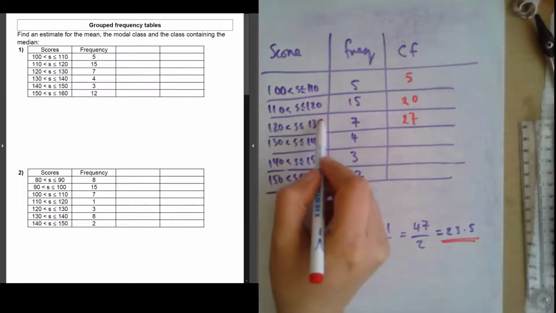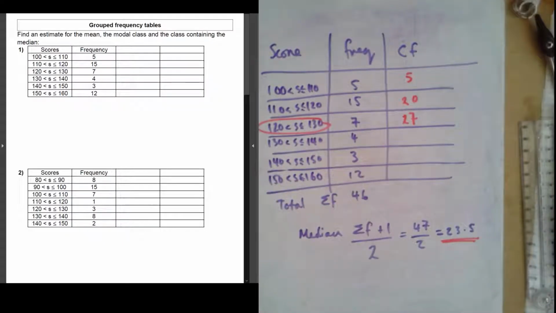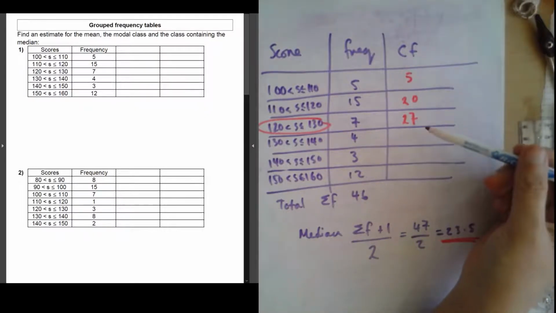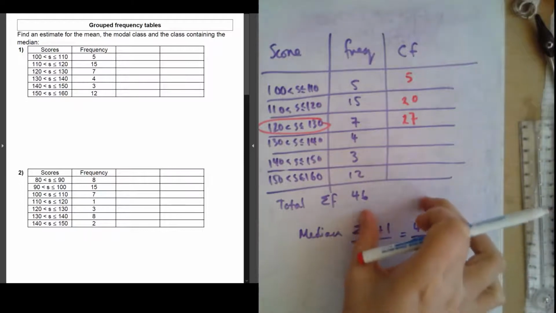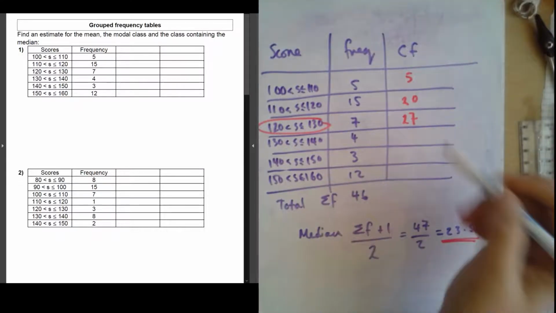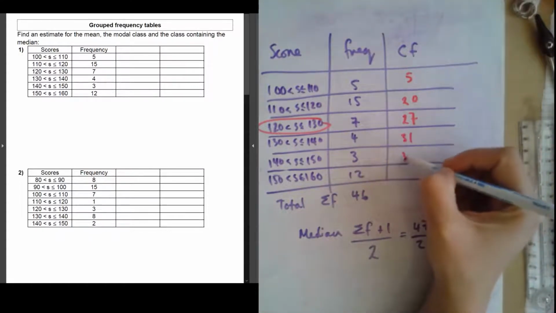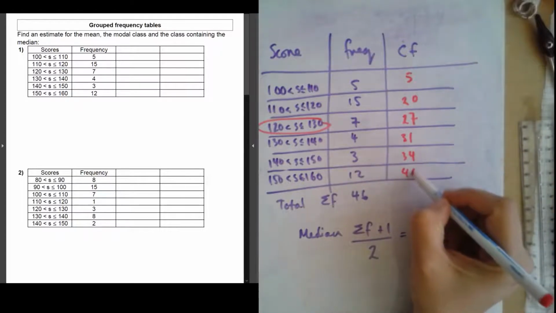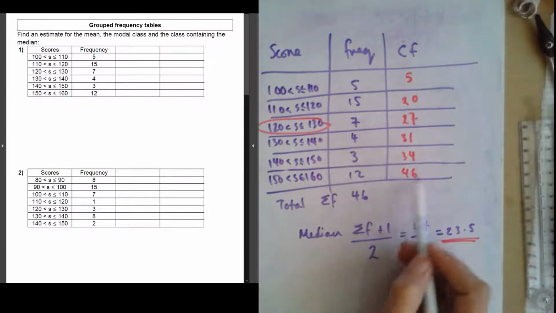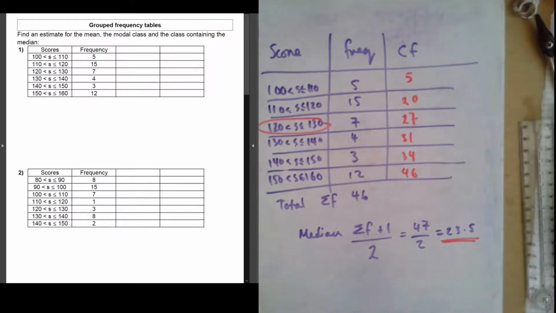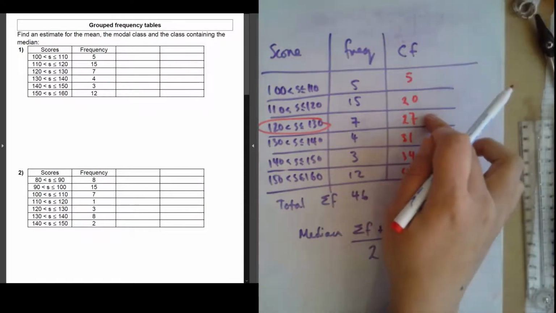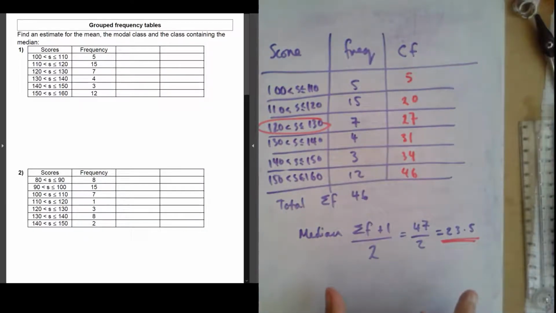Once you stop at that point, you automatically know that this is the class that contains the median, okay? Other people will keep going until they get to the end just because they like checking. So they might go 31, 34, 46. That way they're always double checking that everything adds up correctly. But even if you just get to 27, you can stop at that point because you've found the class that contains the median. Okay?